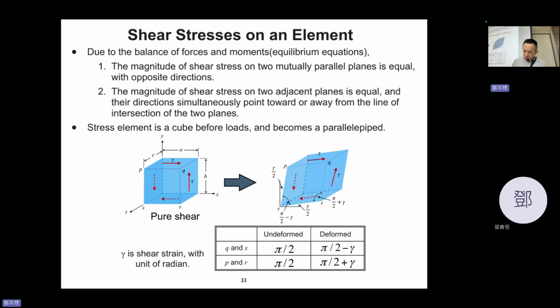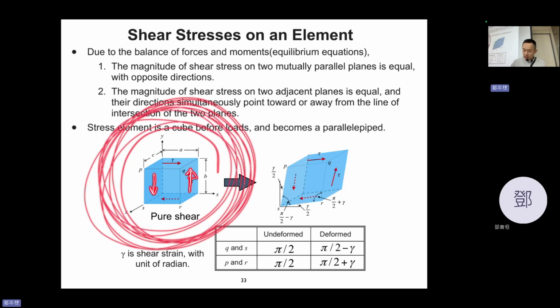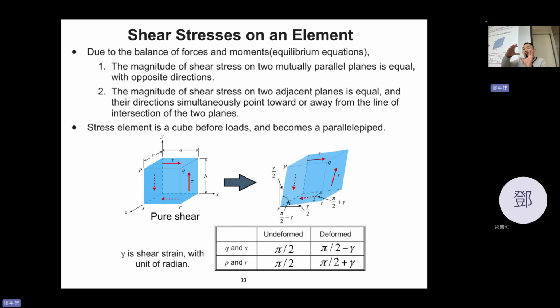But if you only have these two, you stop at that position. But if you have this one and that one, what will it be? Rotate at the same place. This is not rotating, right? This is in equilibrium, stable state. It must have another force to make it balanced. So up and down, right and left to make it stop there.